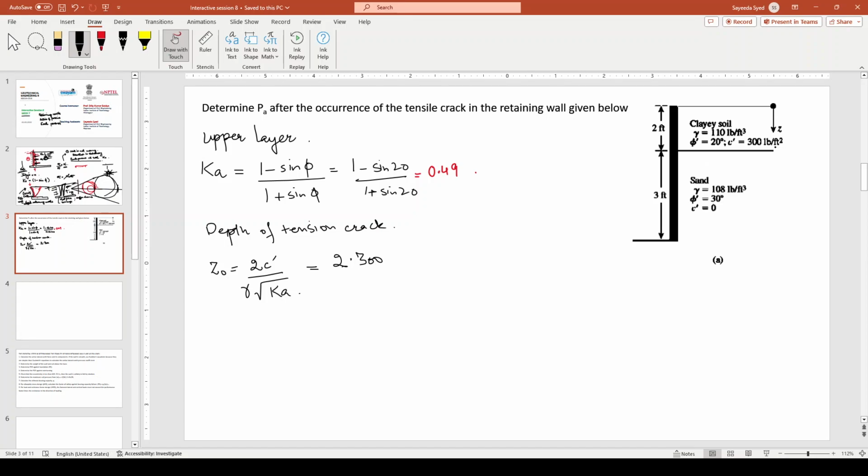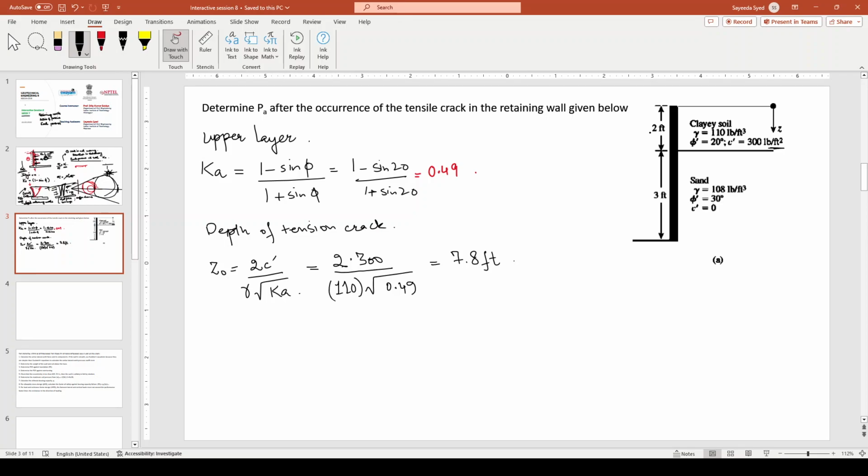Make a note of the units given here. This is pound per feet. So yeah, it could not have been kilometer per meter square. That would be strange. So this comes out to be 7.8 feet. This is the depth of tension crack.